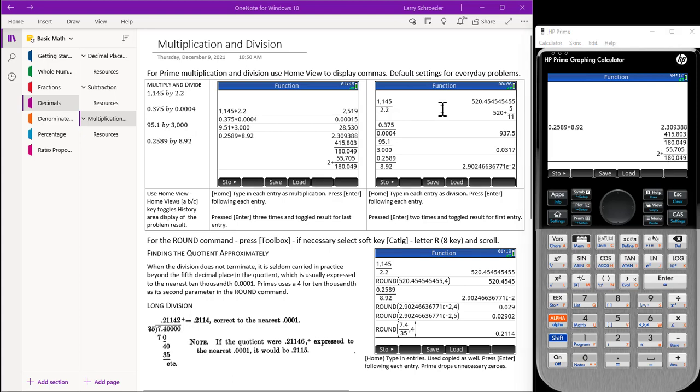Our division screen has some interesting details. If we take the first entry and press enter twice and convert the second one over to a mixed numeral, we can see that the 0.45 repeats, and then this switches to 5/11ths. The last one really is one that we need to look at. So let's clear our calculator and take a look at that one.